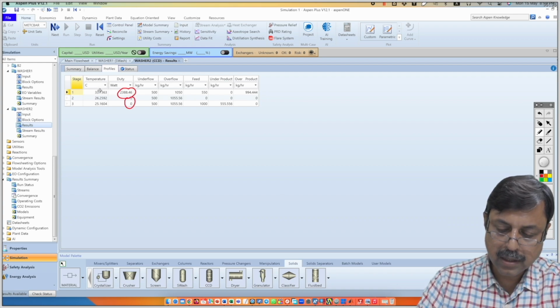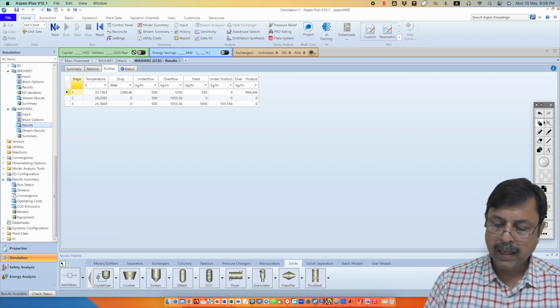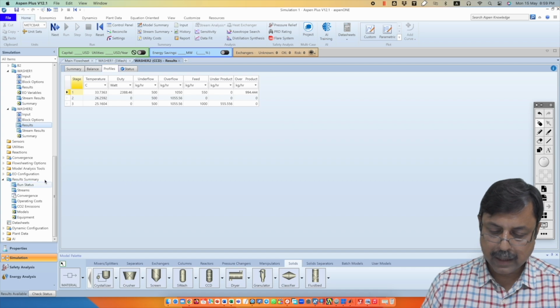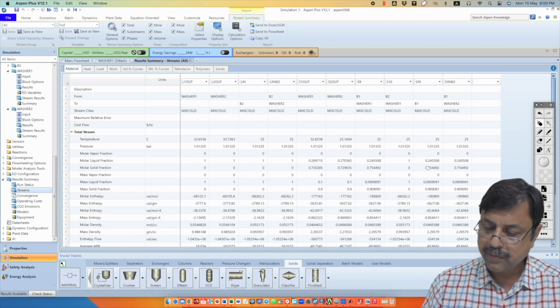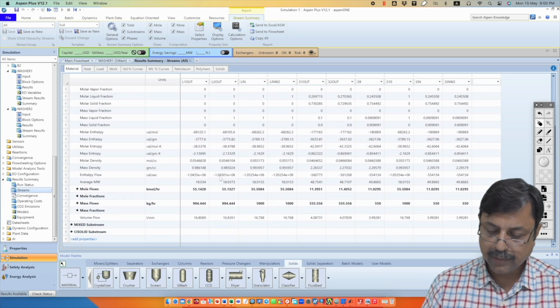So the temperature of stage 1 is 33.73 and stage 2 and 3 have less temperature. Okay. And go back to the streams once again, because we have to check the mass flows.